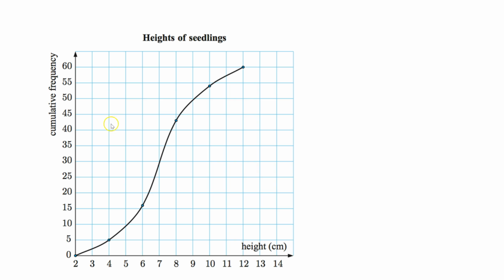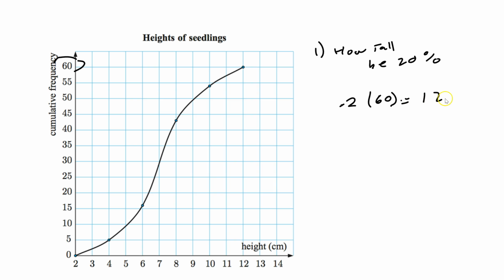Okay, let's go over some percentile questions. One of them might be simply, how tall does the seedling have to be to be in the 20th percentile? What we do there is 20th percentile, so 0.2 times the total number of seedlings we have, which is 60. So 0.2 times 60 would be about 12.